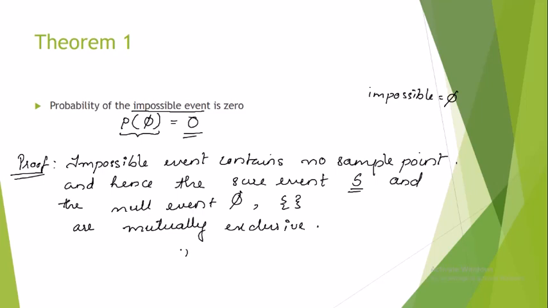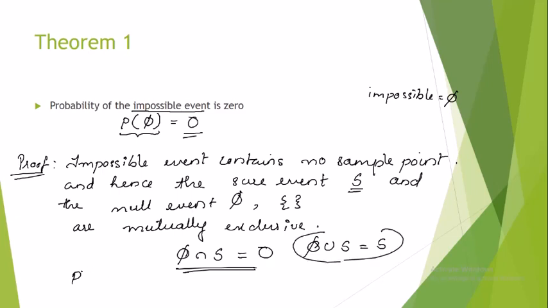The intersection of the null event and the sample space, that is the sure event, is equal to what? 0. Now what about the union? The union of these two, that is the null event and the sample space, is equal to S.